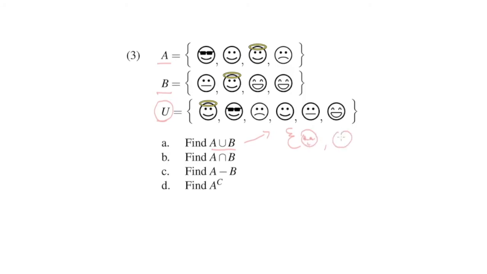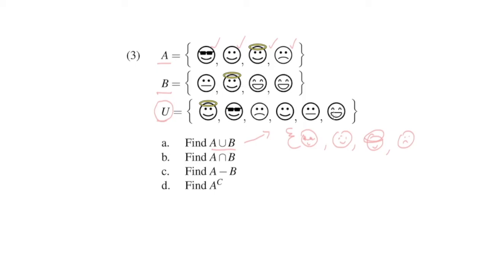We've got the smiley face here. So checked off that. We've got the angel. We've got the frowny. Okay, so we've done all the elements of A.